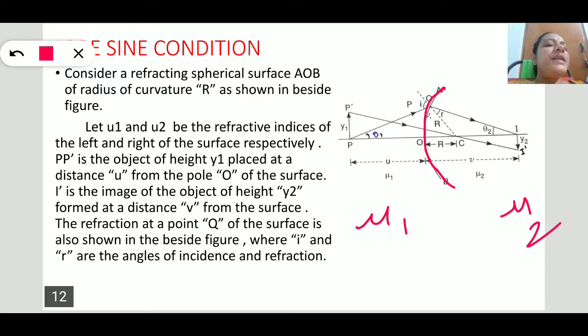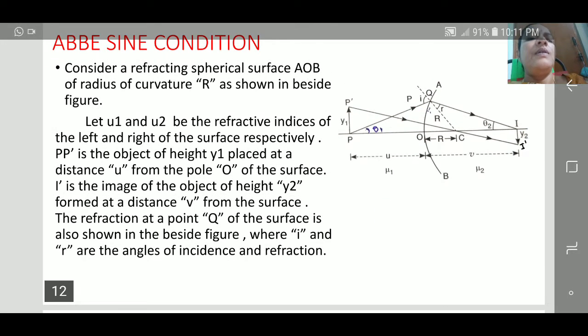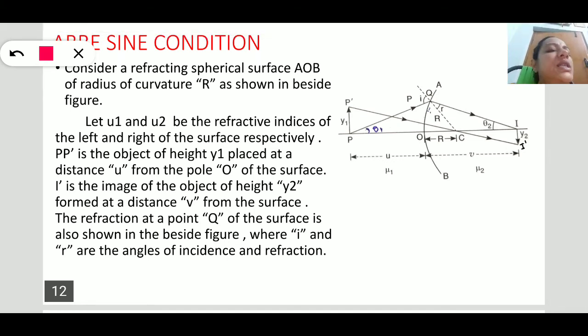Next, PP dash is our object, placed at a distance U, the object distance from the pole. The rays incident on this refracting surface form the image at I. What is the height of this image?